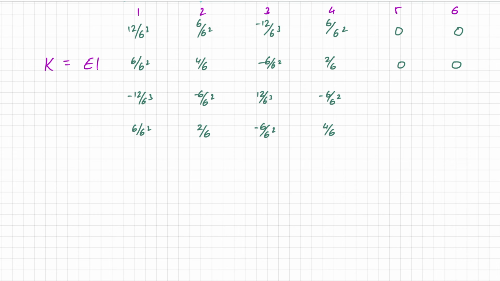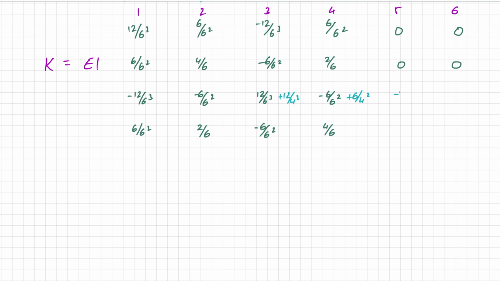Now I need to add on top of that everything from the second beam. And as we recall, 3 and 4 are joint. So starting off here from 3, 3, plus 12 over 4 cubed this time, and here I've got plus 6 over 4 squared.